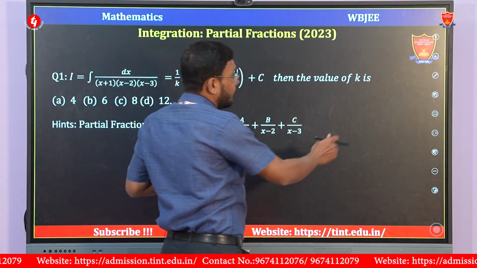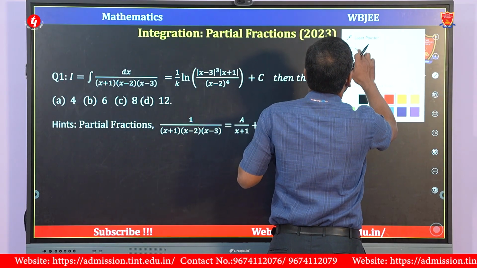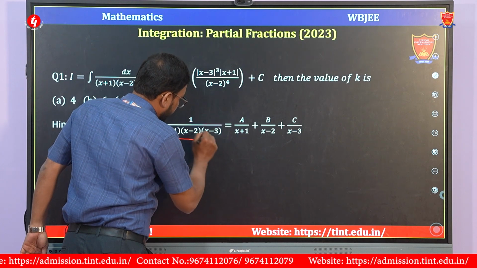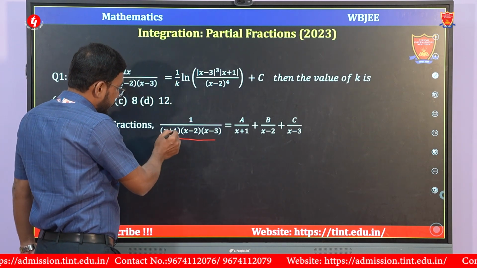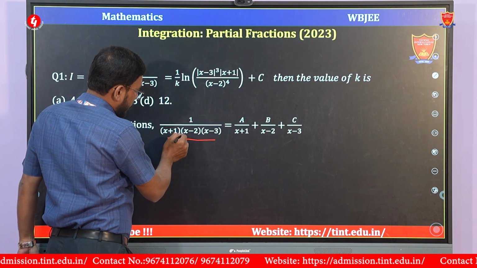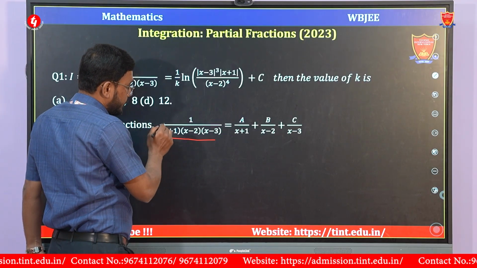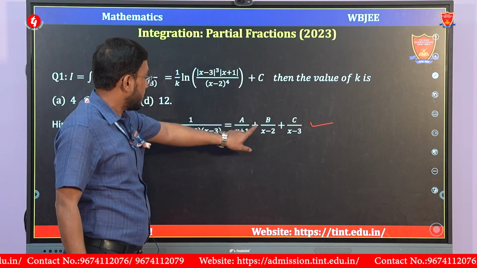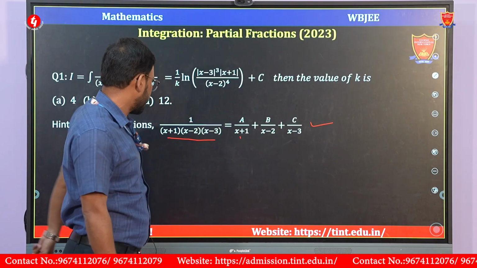First, you should know this partial fraction contains the denominator multiplied by some factors. Now, this can be written as a constant of this: a by x plus 1, b by x minus 2, plus c by x minus 3.